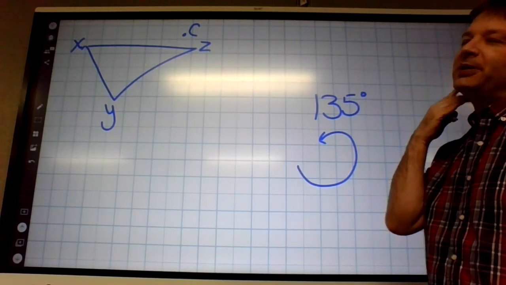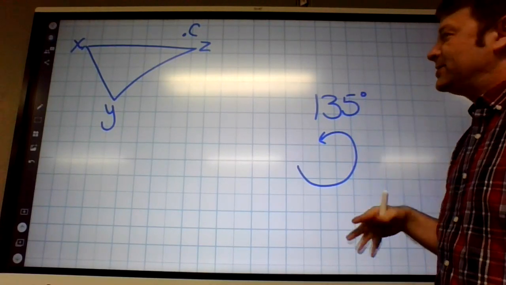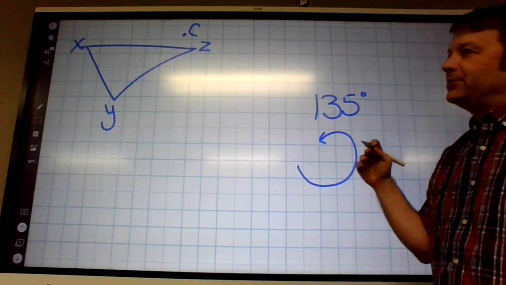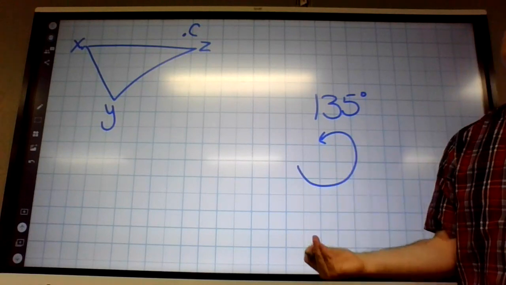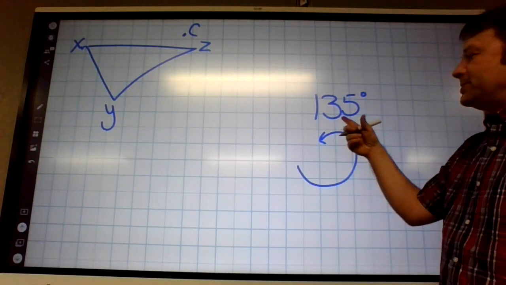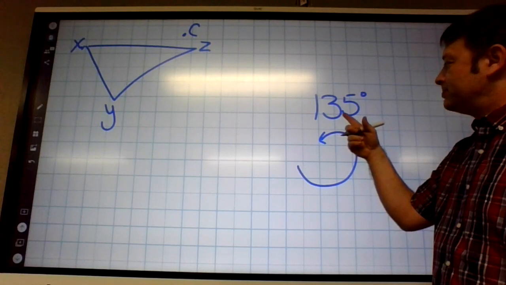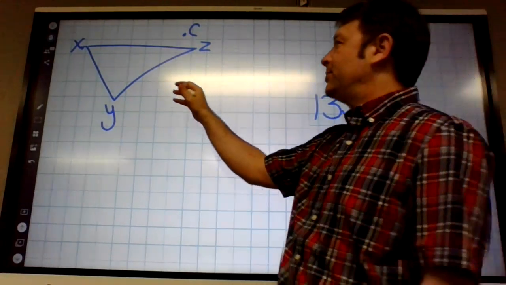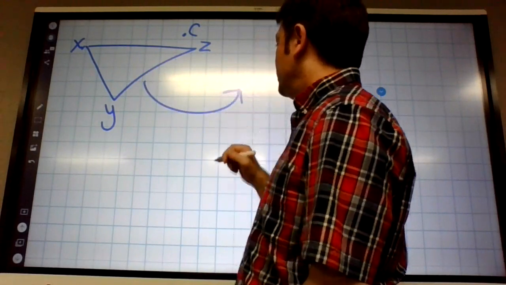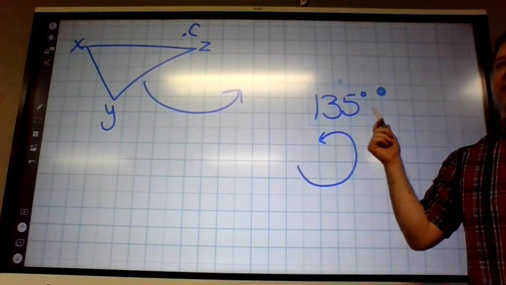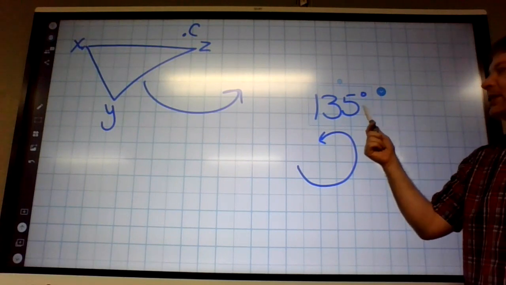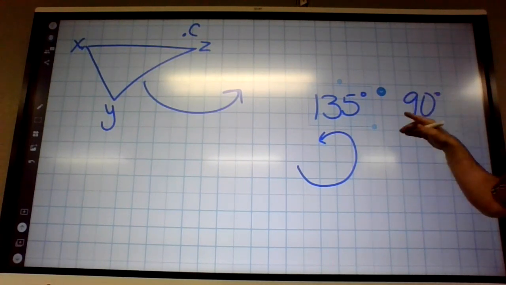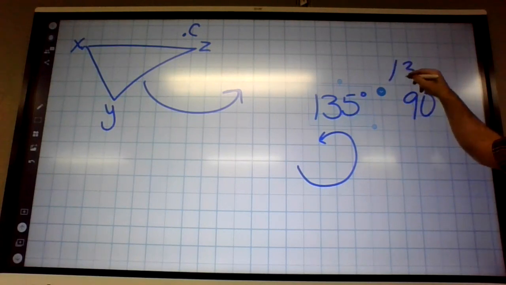They don't say clockwise or counterclockwise, they just say positive or negative. So when it says 135, we're actually going this way. But we never did a 135 on the homework, so we need to stop and think about this. How far past 90 is 135? 45 degrees. Yeah.